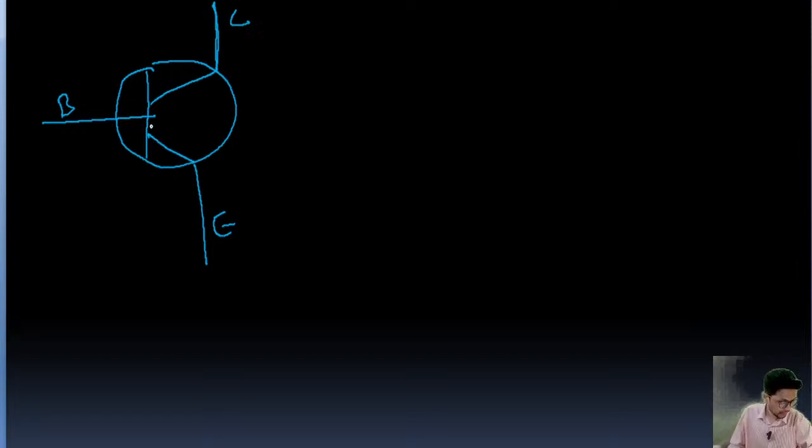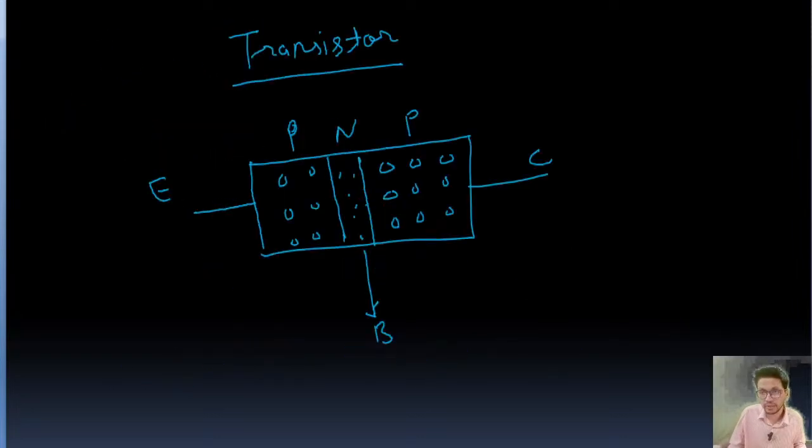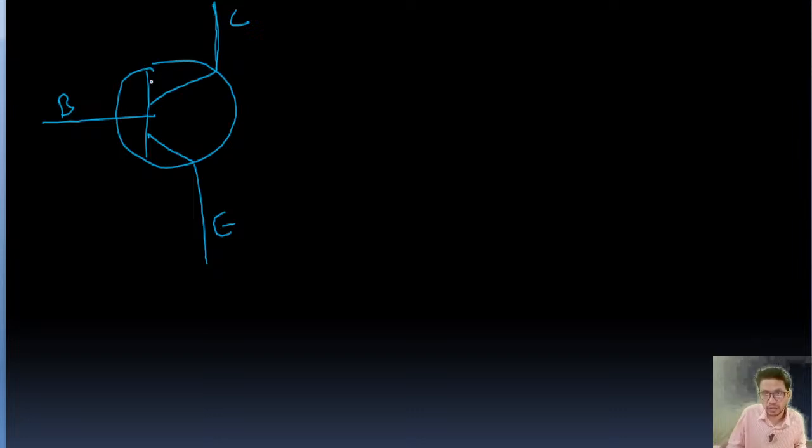This is NPN I'm talking about, N, and this is N, and this is P, base is P. So in this case, current direction will be like this, P to N.